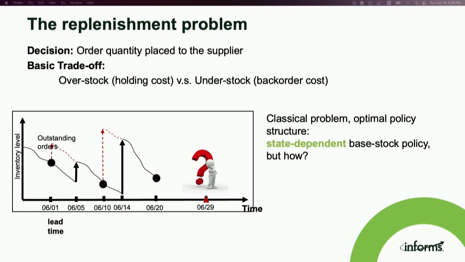If I understand your question correctly, do you mean the issue of censored demand, because you already backordered, the demand will be censored? Is that the issue? Yes, I think so. Yeah, for censored demand, that is also a great question.